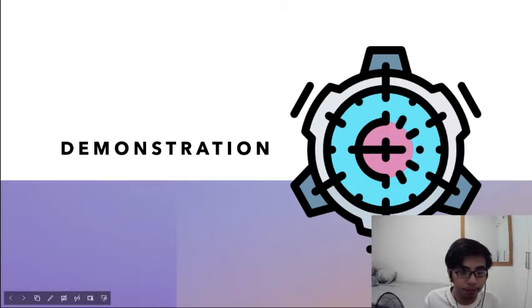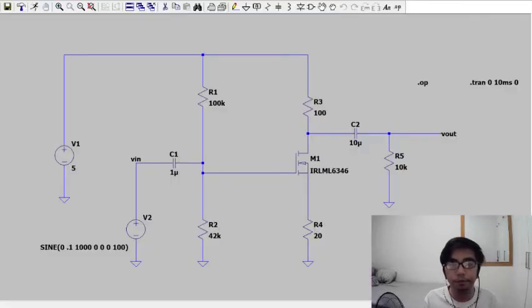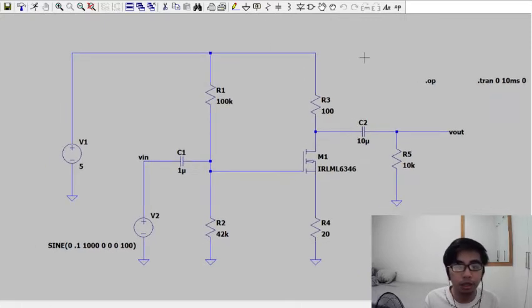I'm just going to set it up. There we go. As you can see, this is the design of the MOSFET amplifier circuit.